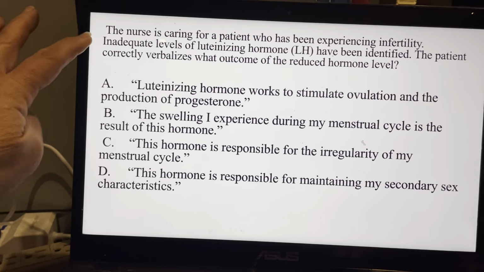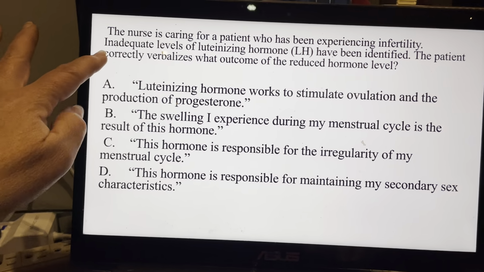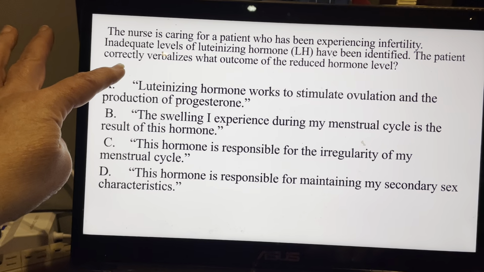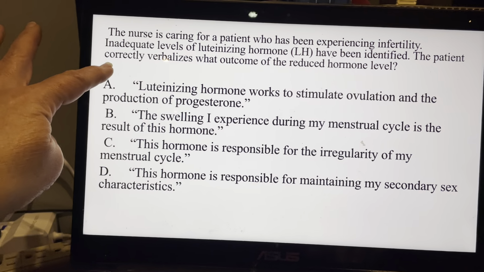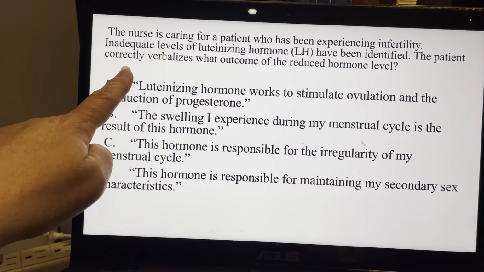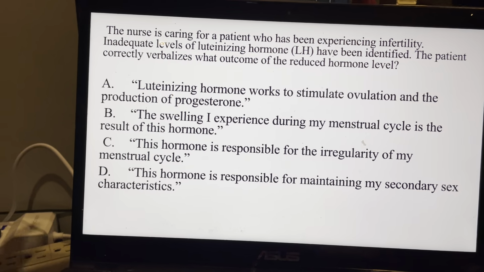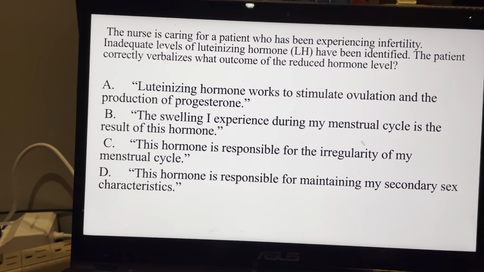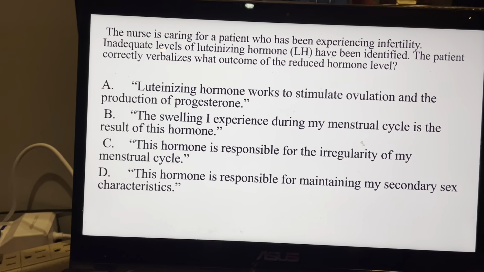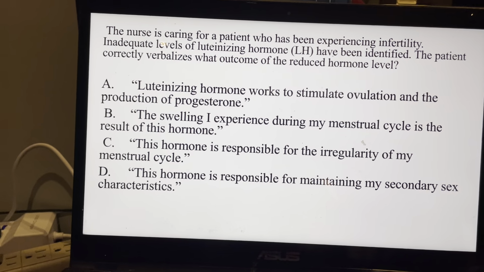The nurse is caring for a patient who's been experiencing infertility. Inadequate levels of luteinizing hormone have been identified. The patient correctly verbalizes what outcome of the reduced hormone level? Luteinizing hormone works to stimulate ovulation and the production of progesterone.